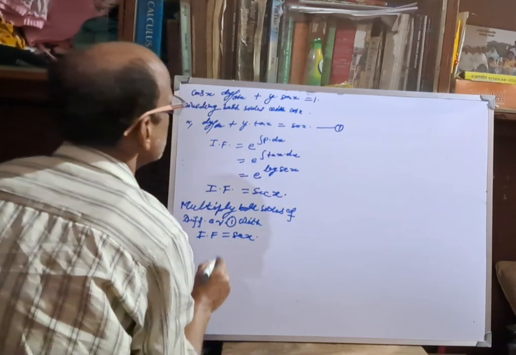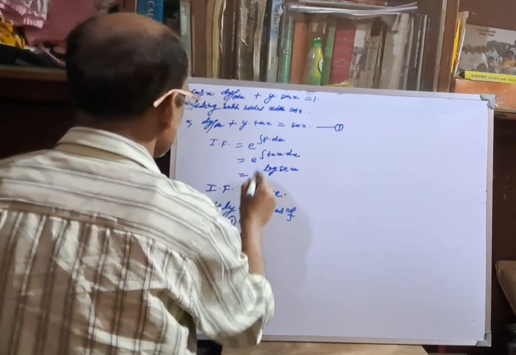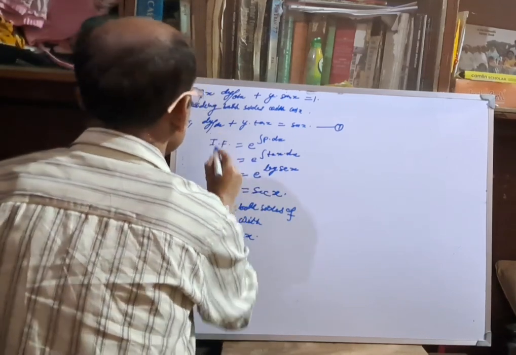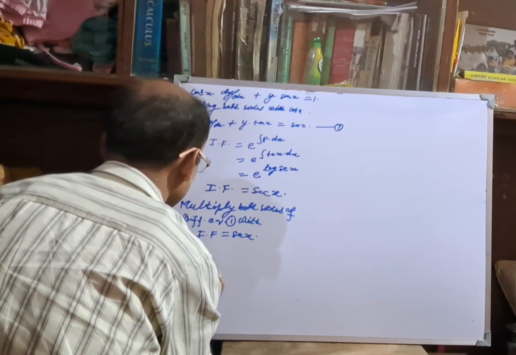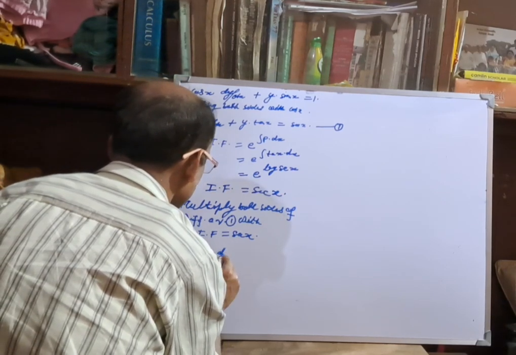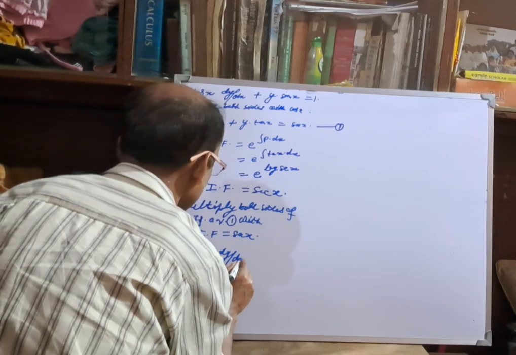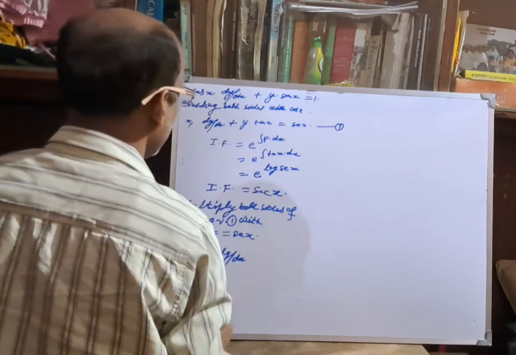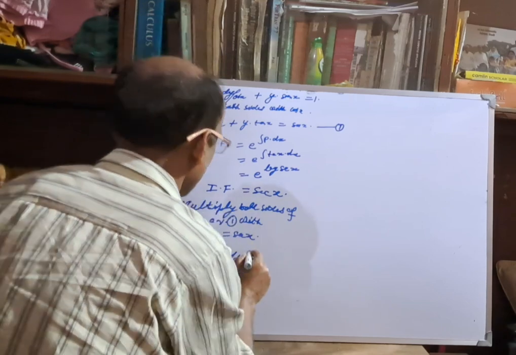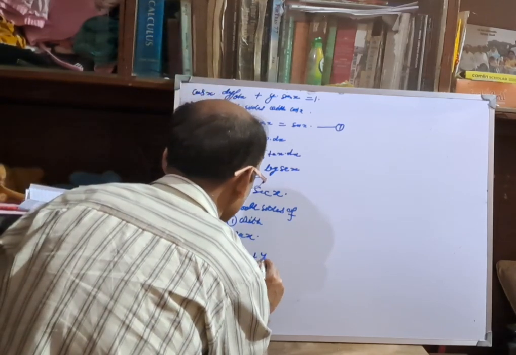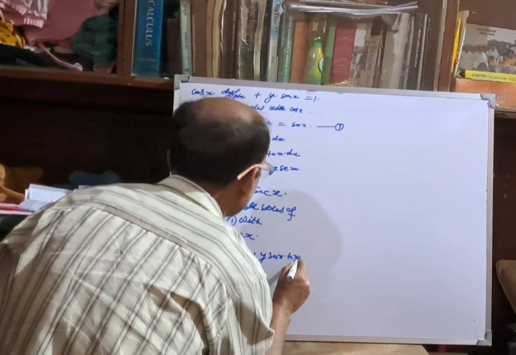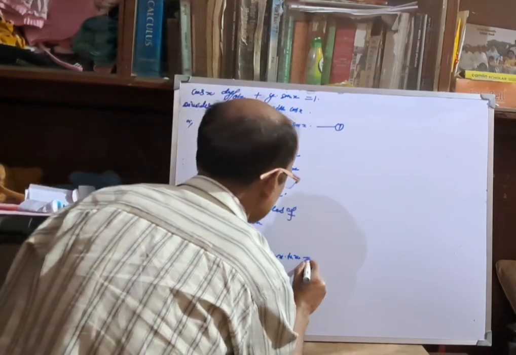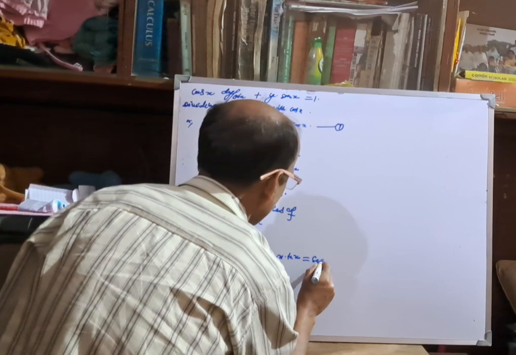So what we have here: sec x dy by dx, and this will be y sec x tan x, that is equal to sec square x.